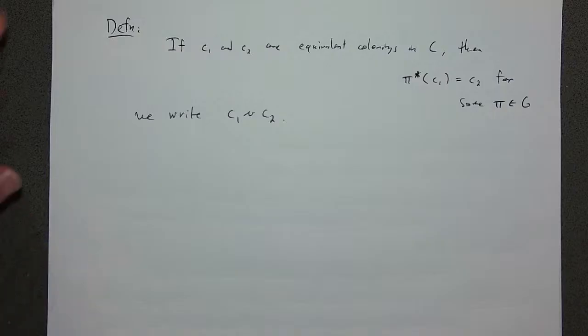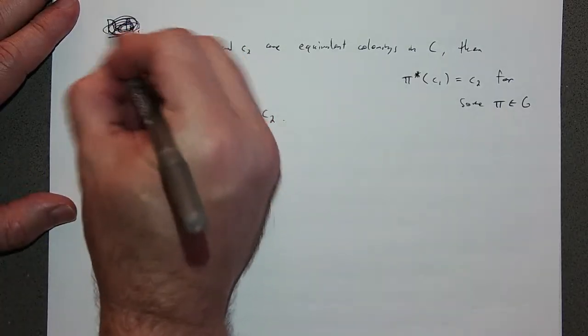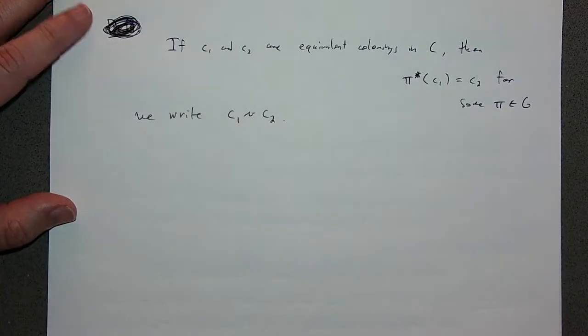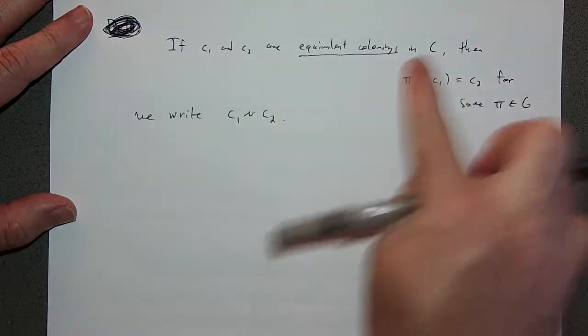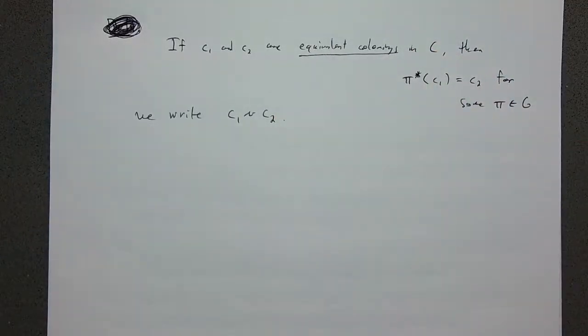Now here is where the definition, maybe I'll get rid of the definition here and move it down here. So for equivalent colorings, this is true exactly when one of these induced maps takes one to the other. This is just a very precise way of saying that one of these symmetries takes a coloring into the other coloring, right?